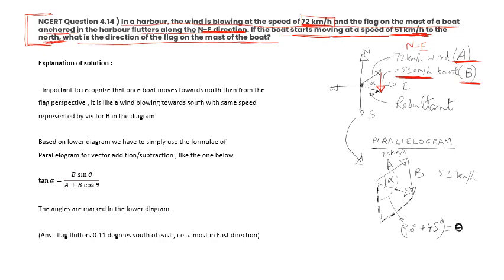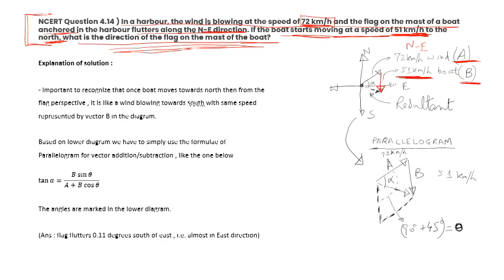Now we have to find the resultant vector, because the question asks for the direction of the flag on the mast of the moving boat. That would of course be the resultant of these two winds impinging on the flag.